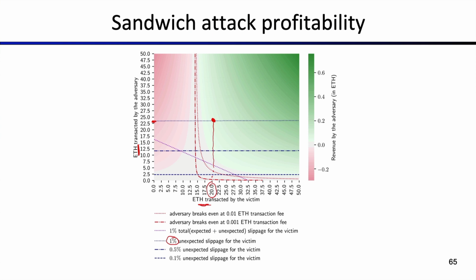The green area represents the revenue that the adversary can extract. And you can see we're roughly in the area of 0.2 Ether, which is not bad for a single sandwich attack, right? So keep in mind, if you have here, for example, a slippage setting of 0.1 Ether, then we're just about here. Then the adversary has almost no chance of extracting any significant revenue.